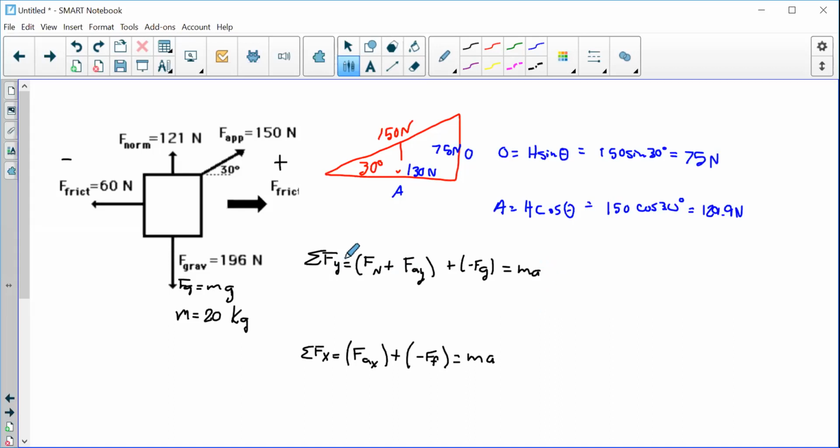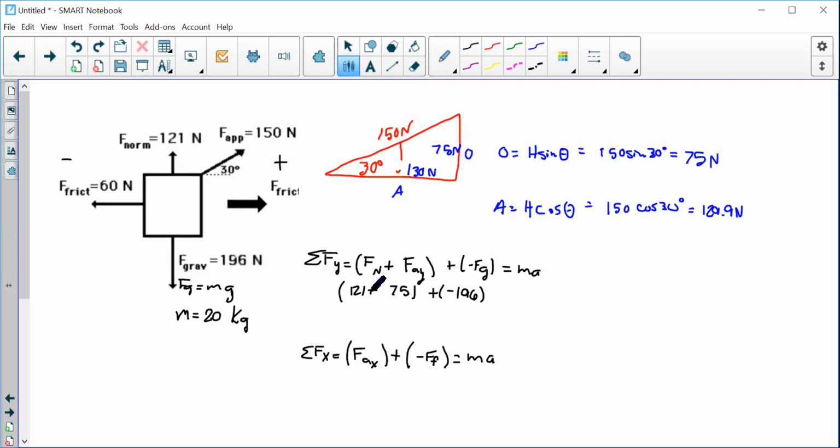Let's plug in our numbers for the y direction. We've got 121 for normal force, and I want you guys to actually add these up. Then we're going to have 75 for the y component, so go ahead and add those up. Then in the negative direction, we're going to have negative 196. So what does that equal?